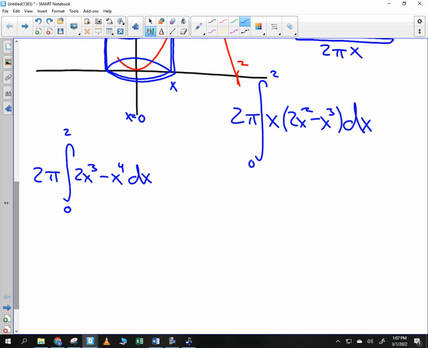Now the rest is clear sailing, isn't it? What's the antiderivative of 2x cubed? Yep, x to the 4th over 2. And what's the antiderivative of x to the 4th?